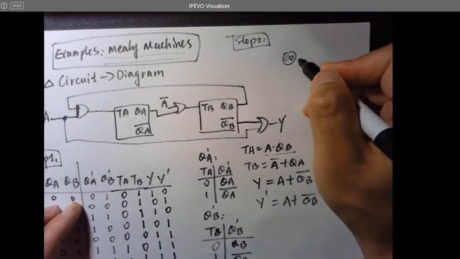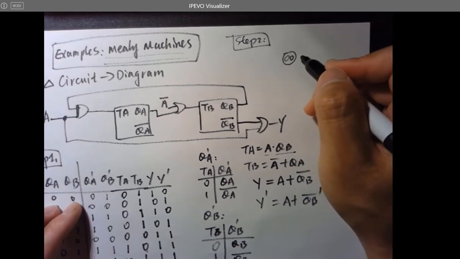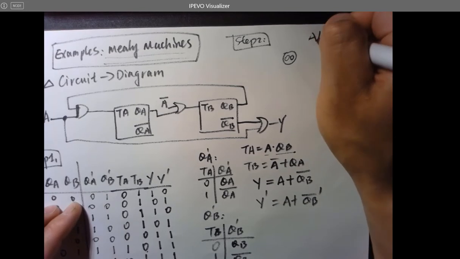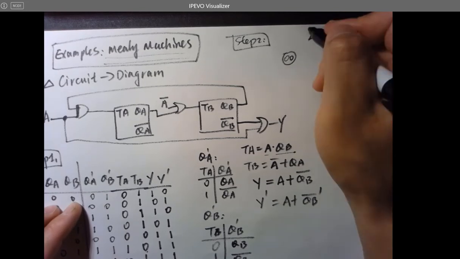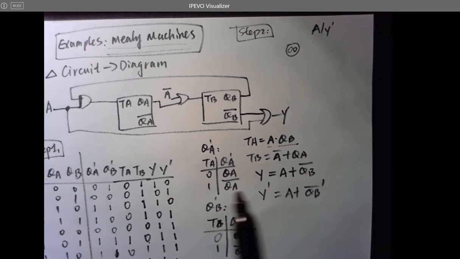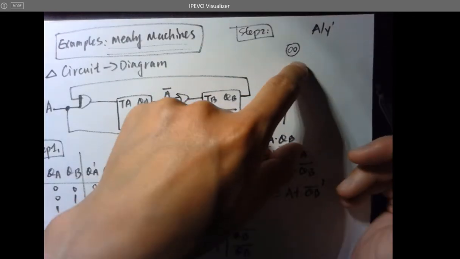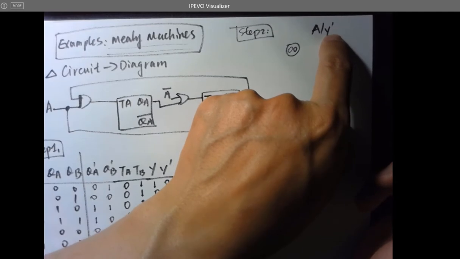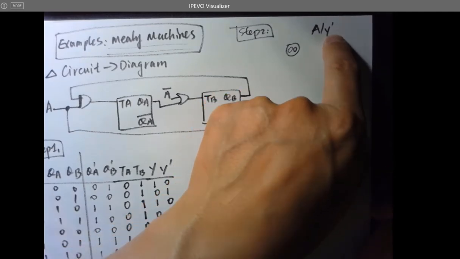And on the arc, we want to include the input and y prime. So it's going to be A, y prime, the next state of y. Because it's trying to tell people, when you are thinking about a practical circuit, it jumps from one state to another state, and it's going to output a signal. That signal is not affecting all the states.